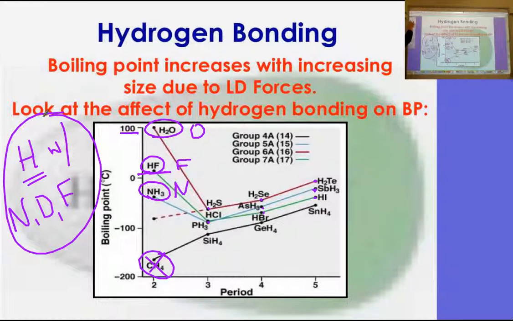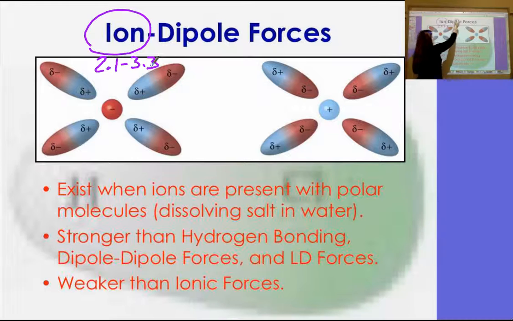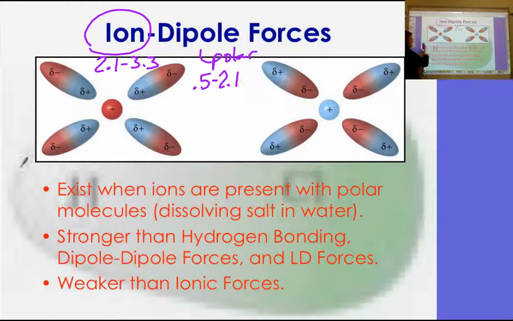Ion dipole forces. These will be easy for you to recognize because you have to have something that's ionic, something that's 2.1 to 3.3, and something that's polar, between 0.5 and 2.1. You must have two substances.